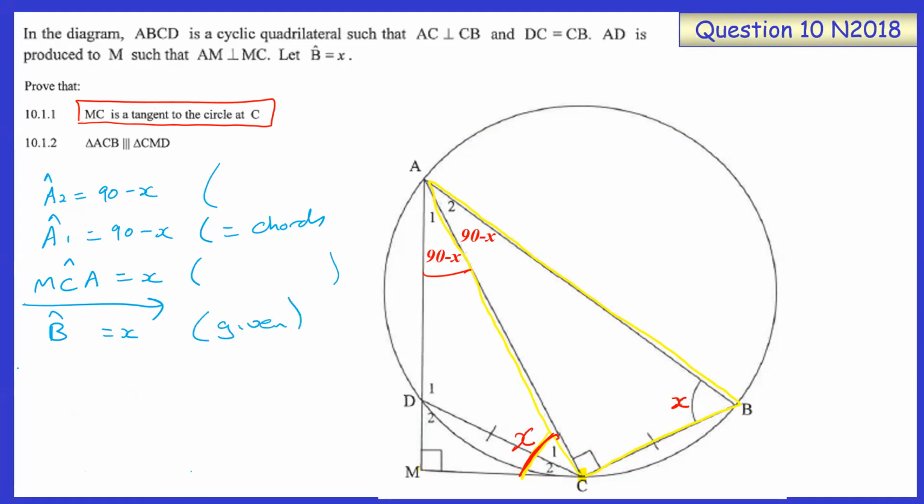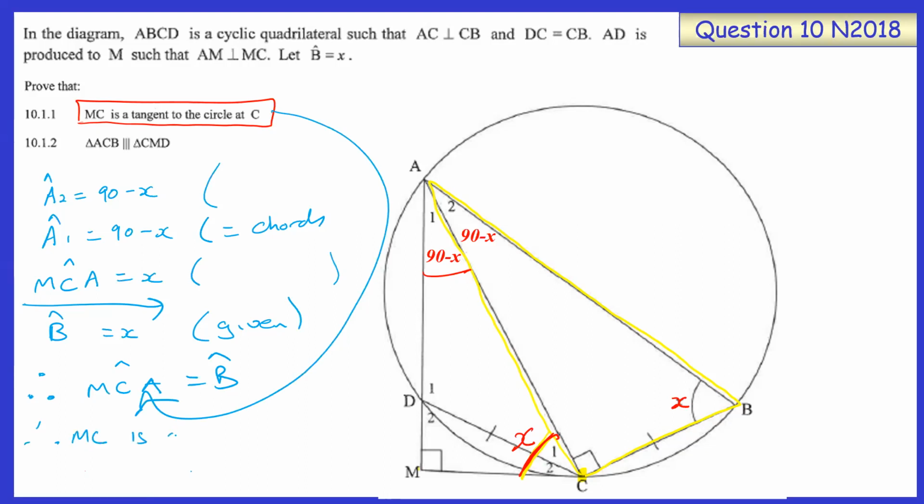Because it was given. Now I want to conclude that angle MCA is equal to angle B. And therefore, copy and paste the question: MC is a tangent, and you copy it as it is.